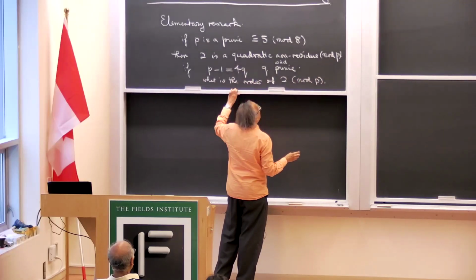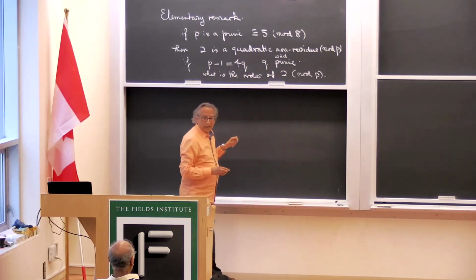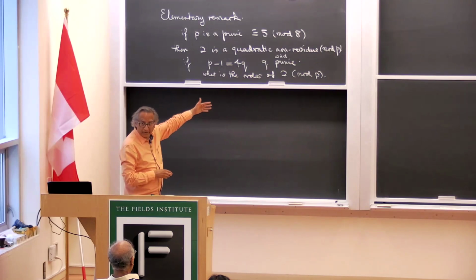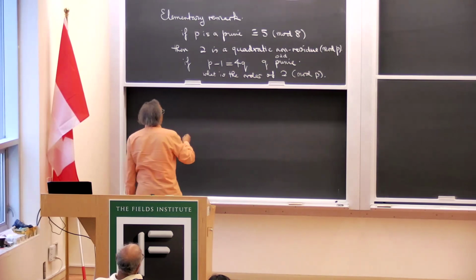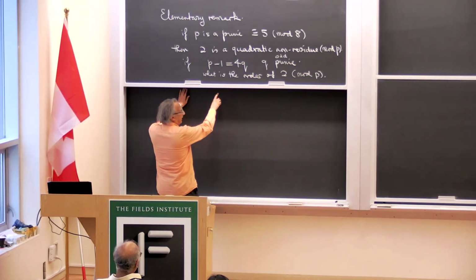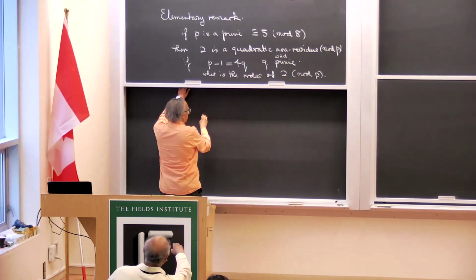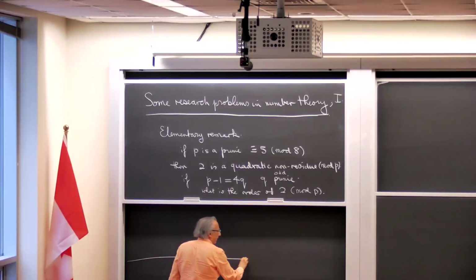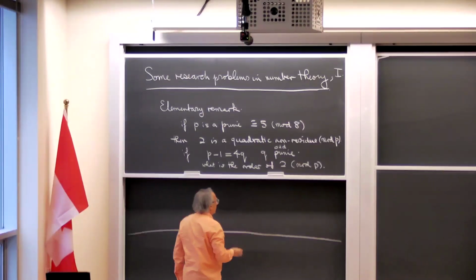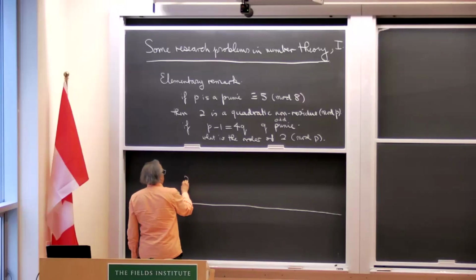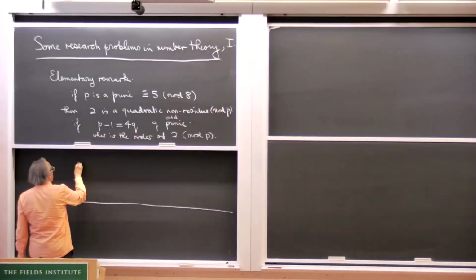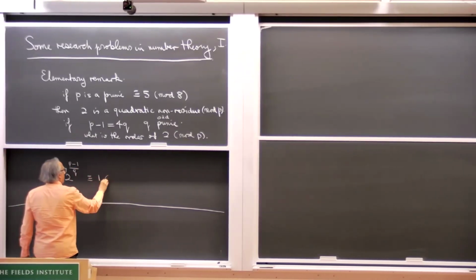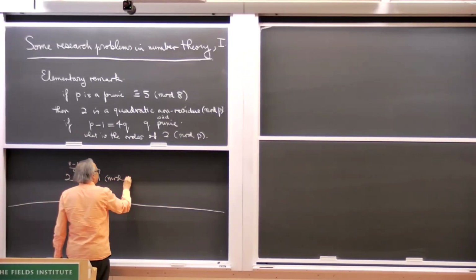Well, it can't be a square, so 4 has to divide the order. So what we have to check is whether 2 to the (p minus 1) over q is congruent to 1 mod p.